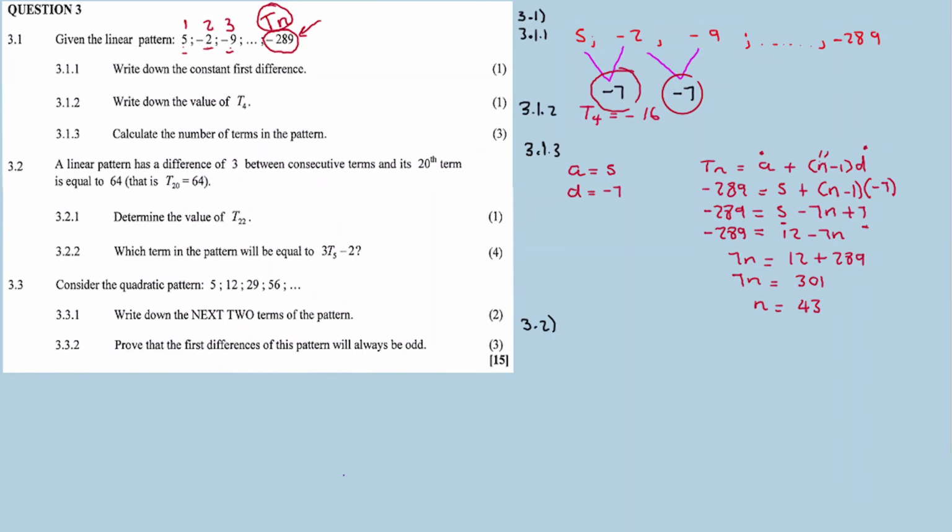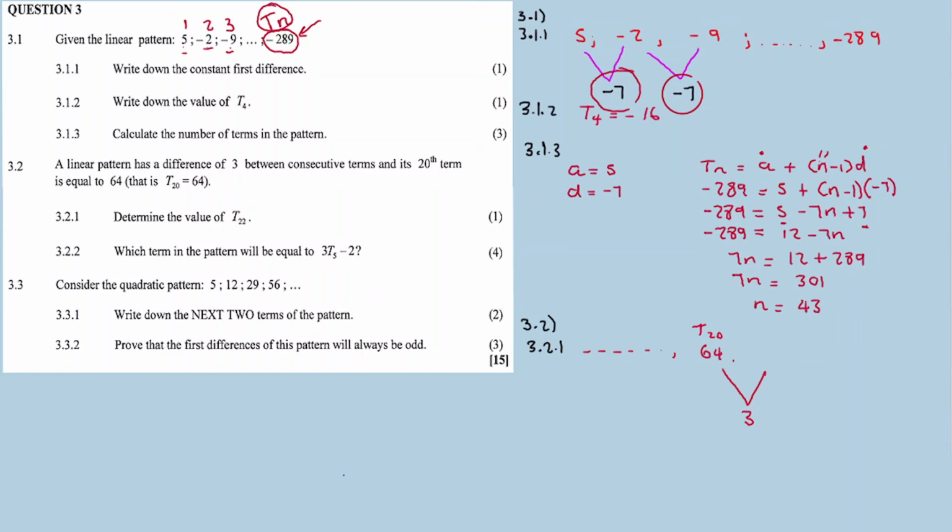So 3.2.1, determine the value of T22. Now in our pattern, they didn't give us T1, T2, T3, 4, 5 all the way up to T19. They only gave us one term, T20. They gave us T20 and the constant first difference, or common first difference.